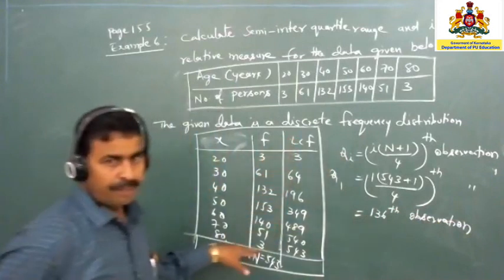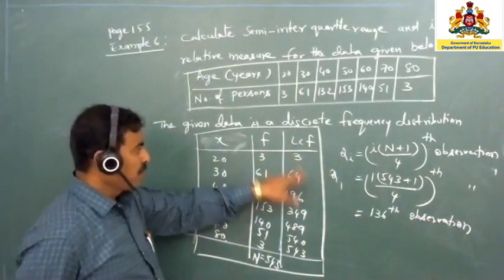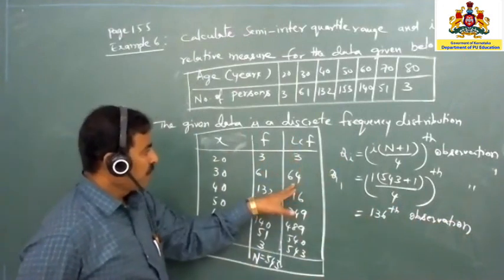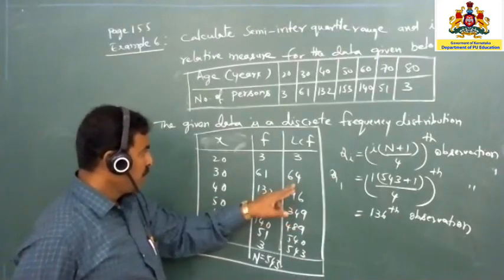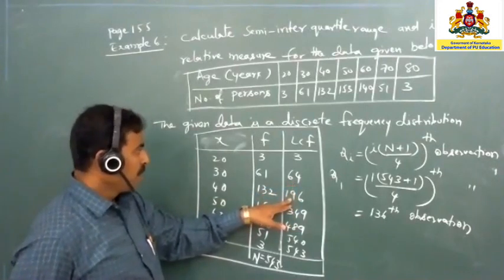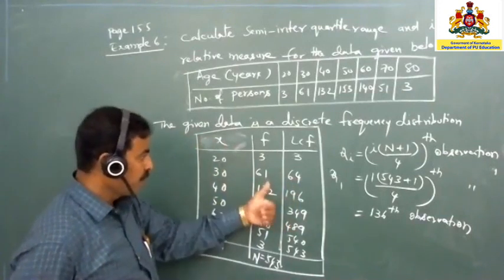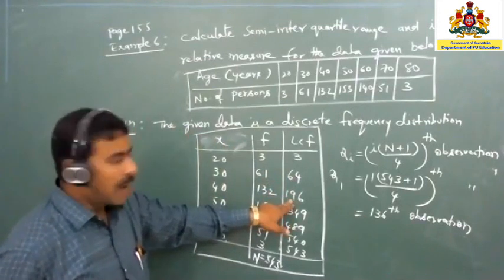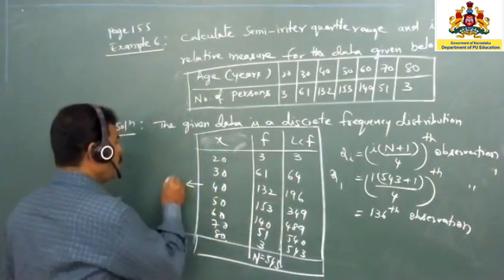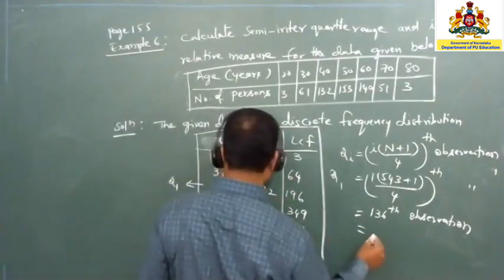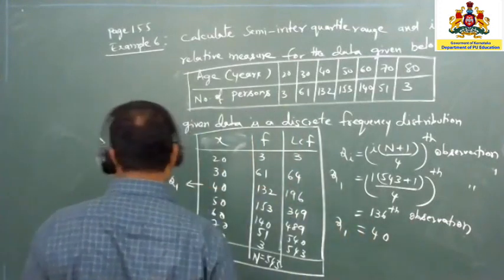See the LCF column to identify the 136th observation. It will not lie in 3 or 64, it lies in 196, meaning after the 64th observation. The 65th, 66th, 67th, 68th observations, up to 196 observations, are equal to 40. So the 136th observation is 40, so Q1 equals 40.